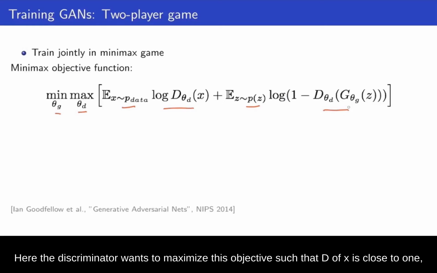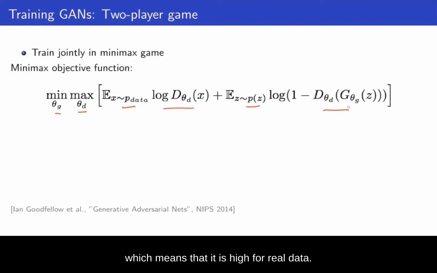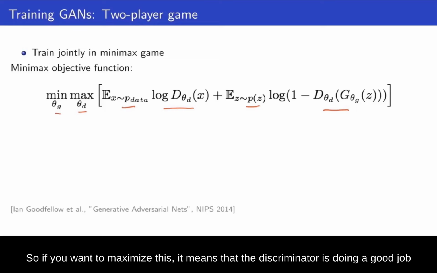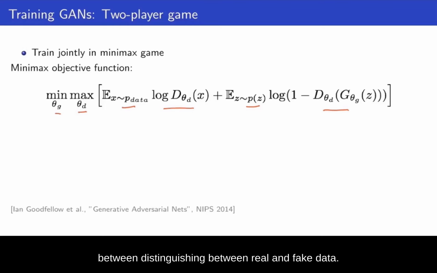Here the discriminator wants to maximize this objective such that D of x is close to 1, which means it is high for real data, and D of G of z is close to 0, meaning that we want this to be small. If we maximize this, it means that the discriminator is doing a good job of distinguishing between real and fake data.